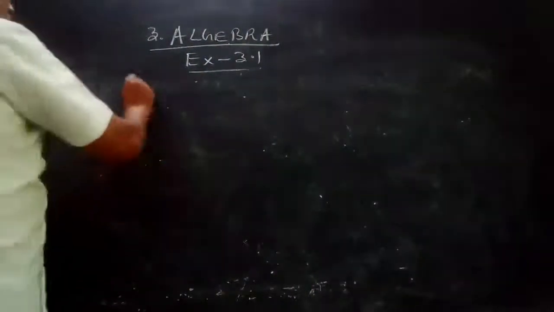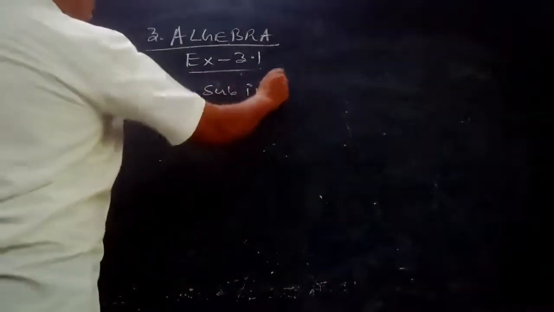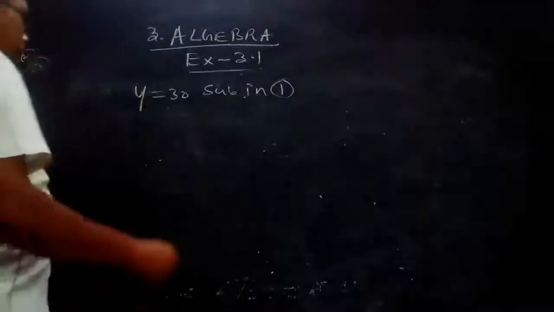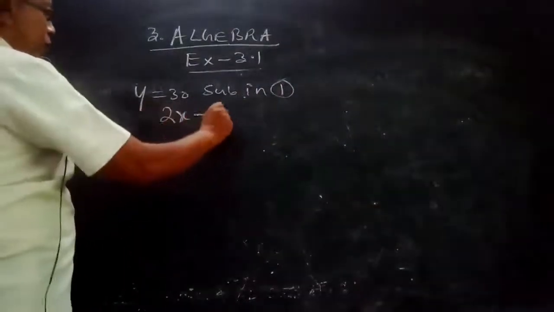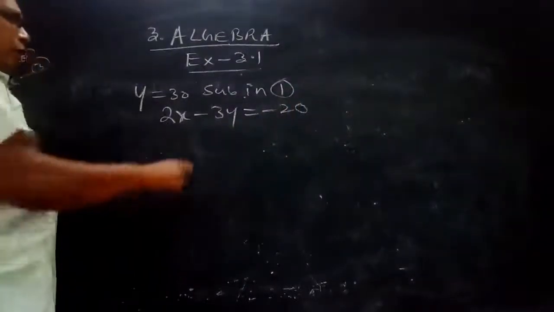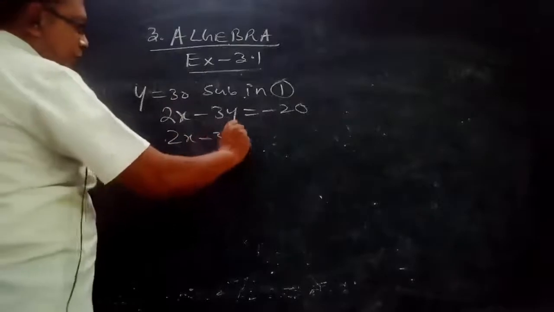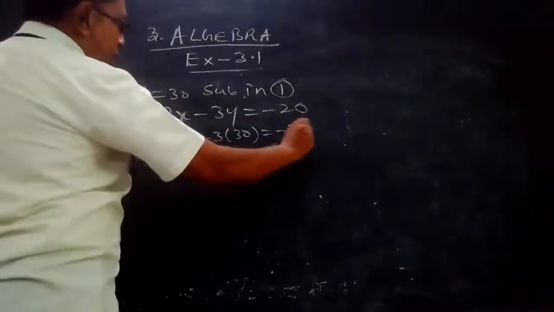Next, y equals 30. We substitute in the first equation, 2x minus 3y equal to minus 20. Instead of y, I write 30: 2x minus 3 into 30 equals minus 20.